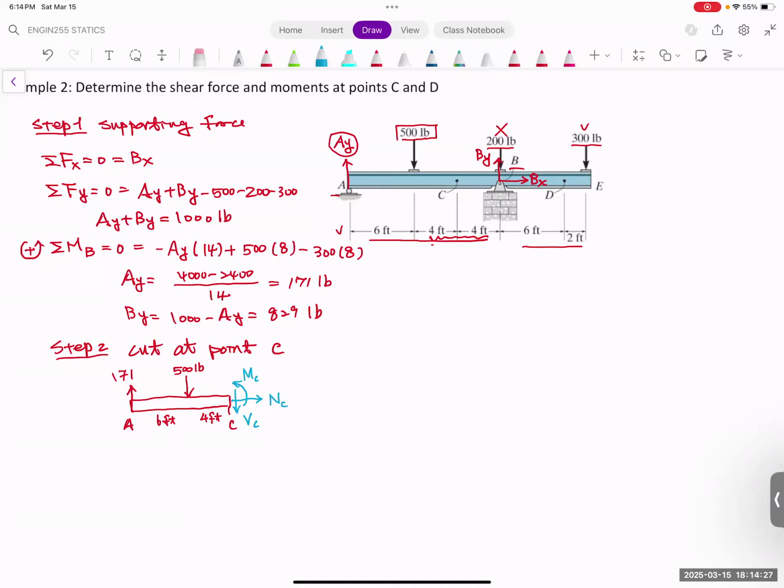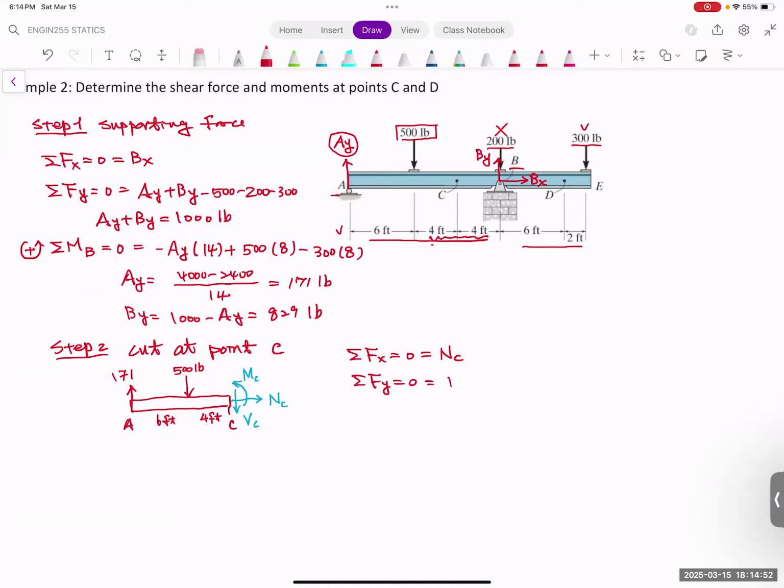And then we're going to use our equilibrium equations. Let's use the summation of F of x equal to 0, and the only force in the x direction is N sub C, so there's no actual force or normal force in this case. Summation of F of y equal to 0. We have 3 forces.